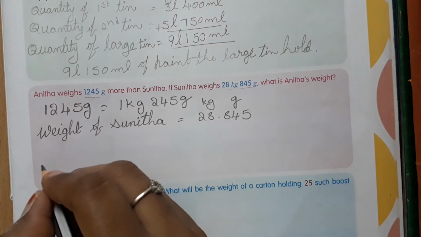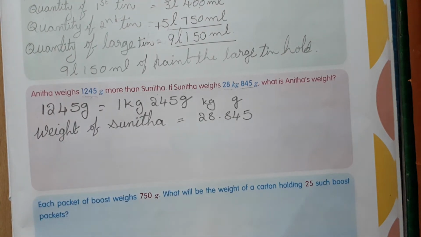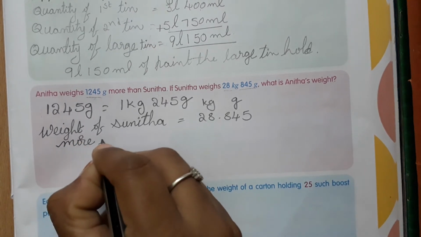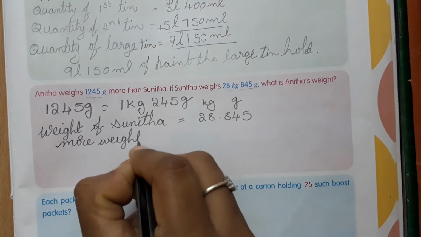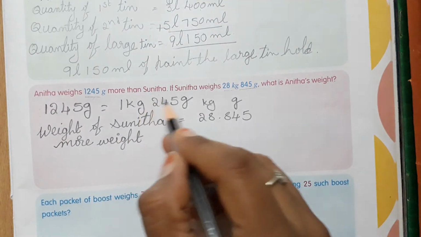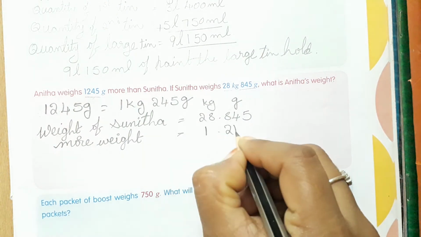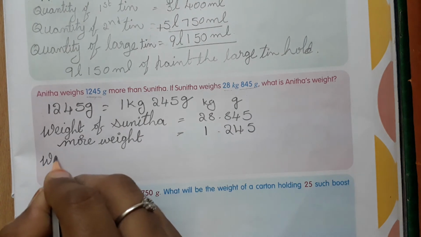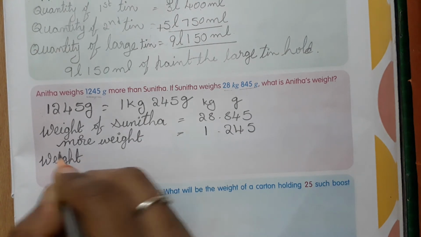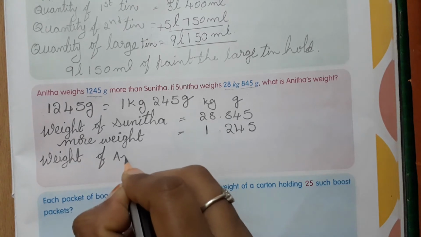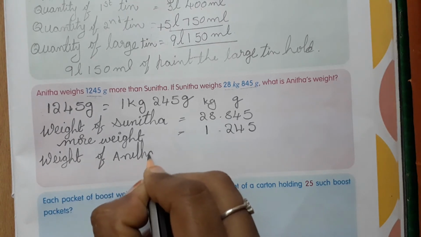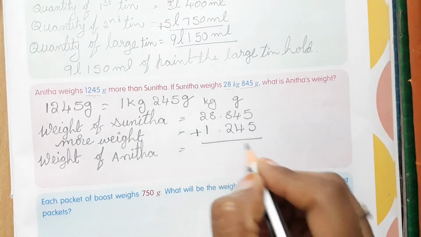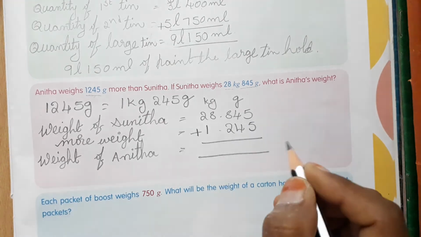Now, more weight than Sunita. How much more? 1 kg 245 grams. Now here we have to find out the weight of Anita. Weight of Anita is equal to, if you add these two numbers, then you will get the weight of Anita.